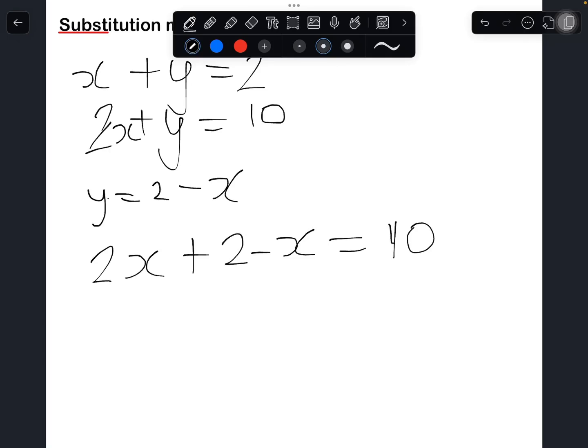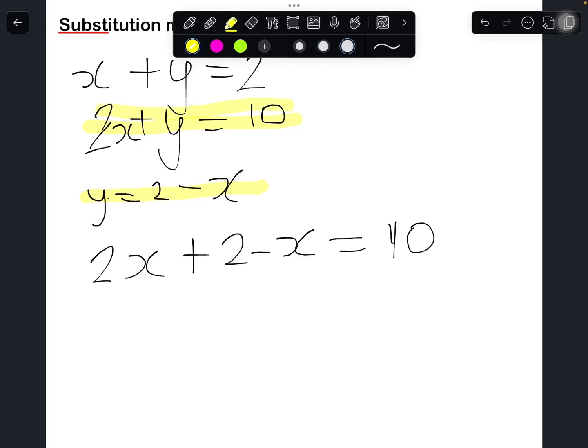So can you see what we did here? We took this part here, and we substituted it into this equation right here.